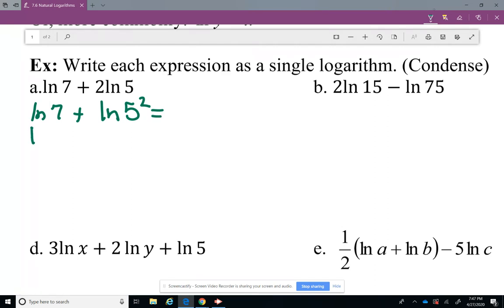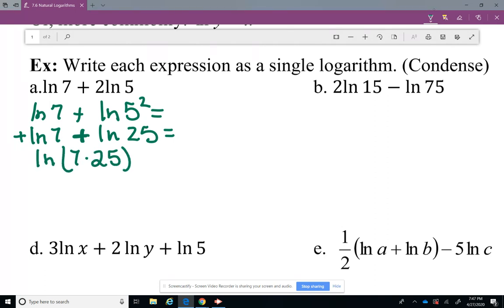So now we have the natural log of 7 plus the natural log of 25, because 5 squared is 25. Now remember, there's really a plus sign here, and there's already a plus sign here. So that means these two are going to be multiplied. So you take the 7 and you multiply it times the 25. So you're going to get the natural log of 175. And it's really that easy.